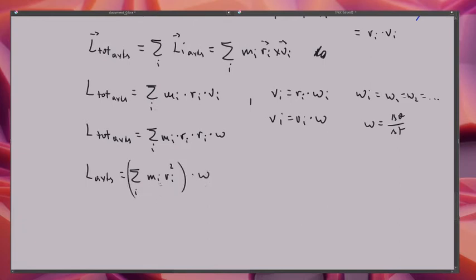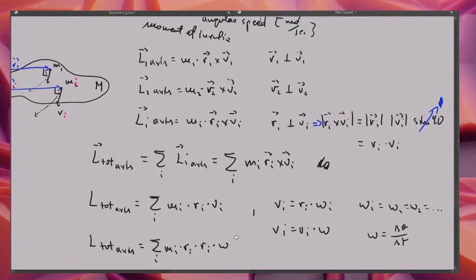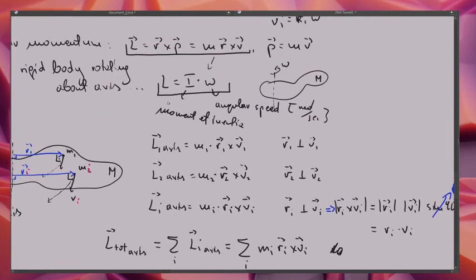But we recognize this expression as the moment of inertia. And so the angular momentum about an axis of a rigid body is simply I times omega. So from the definition of angular momentum, you can in fact derive an expression for the angular momentum of a rigid body as it rotates about an axis, and then you end up with this here.